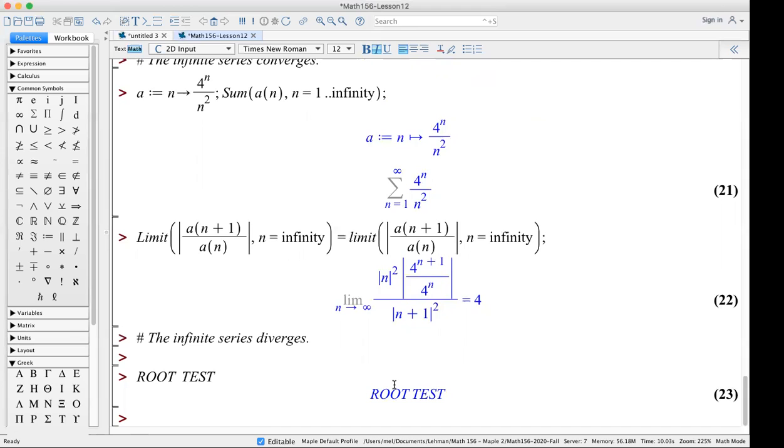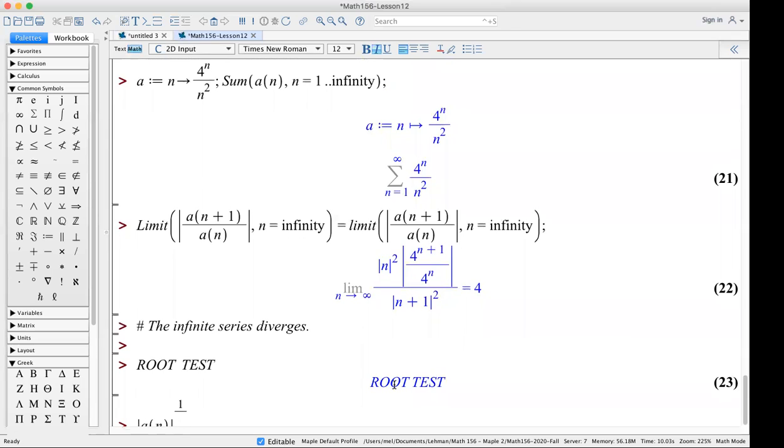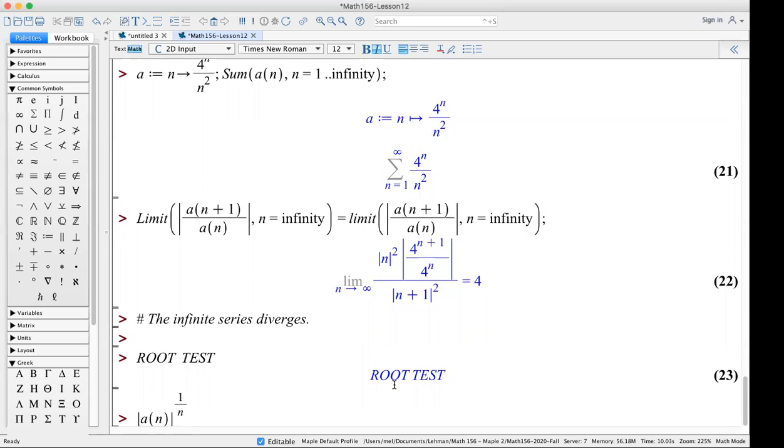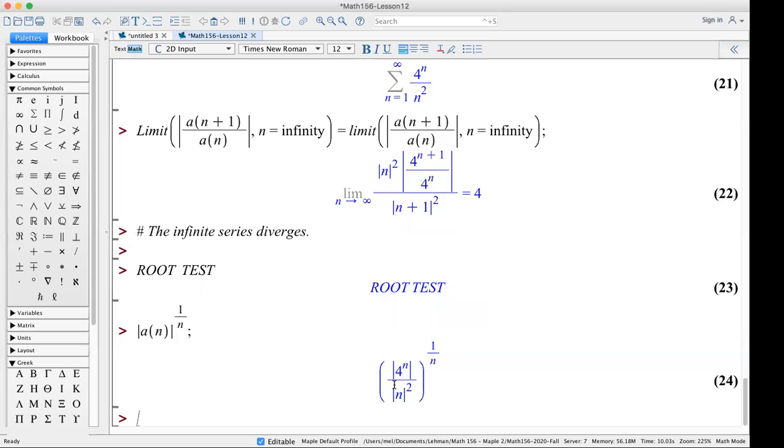So in this case, we look at the absolute value of a_n raised to the 1 over nth power.